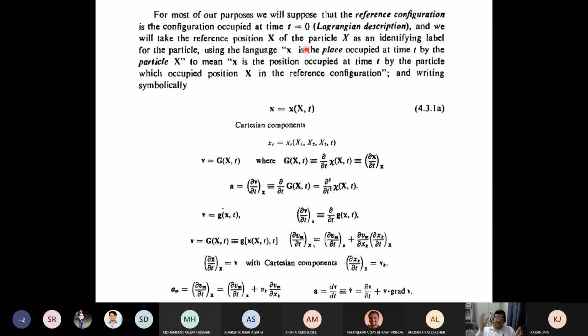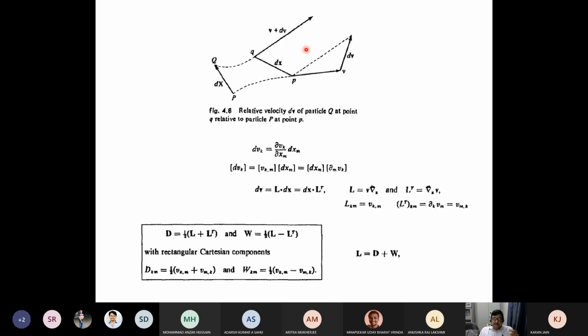When you have a projectile motion, there is no deformation, right? So it is very easy to calculate everything with respect to the situation at time t equal to 0. But for fluid, there is nothing called initial, so it becomes very difficult to go back to the initial configuration. That's the reason why we do the fluid calculations in the Eulerian domain.